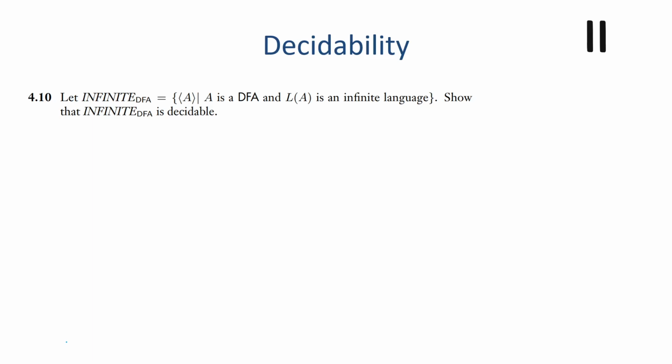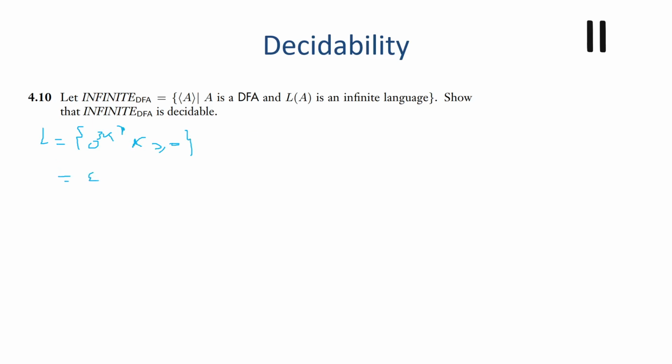So for example, let's focus on the language 0^(3k), just the language that's multiples of 3 zeros.